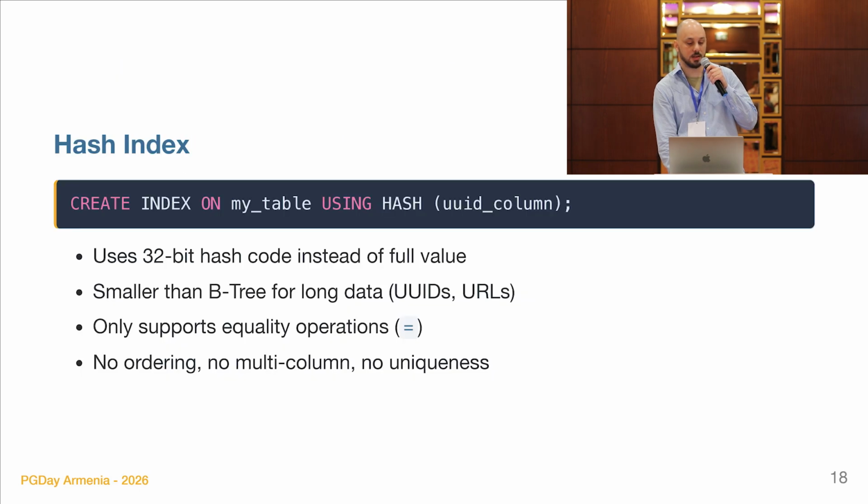The other type is the hash index. This is very similar to hash maps present in programming languages, where we have a key and value pair. The key is going to be a 32-bit hash code of the key. We will apply a function and then transform the key into some smaller value.